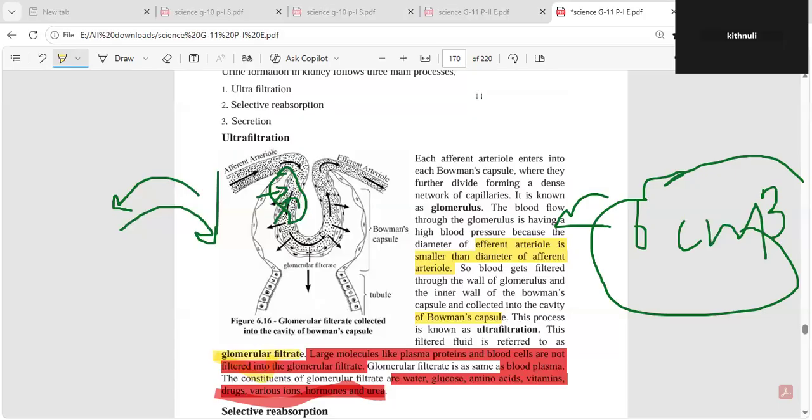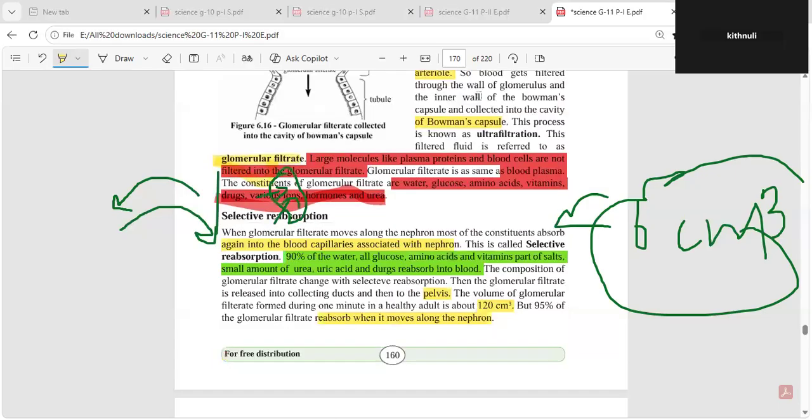Right? What is the composition of glomerular filter rate? Right?